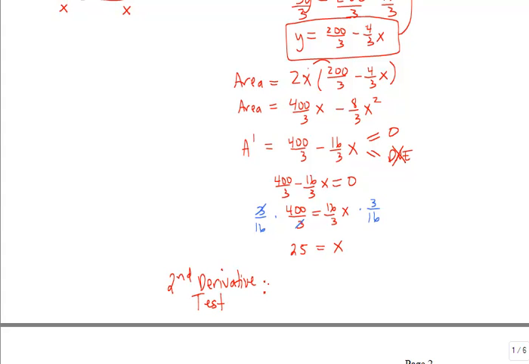What the second derivative test does is you find that second derivative. So if A prime was 400 thirds minus 16 thirds x, then A double prime would be, this goes to 0 because it's a constant, and the derivative of negative 16 thirds x is negative 16 thirds. Now here's what the second derivative test tells you.